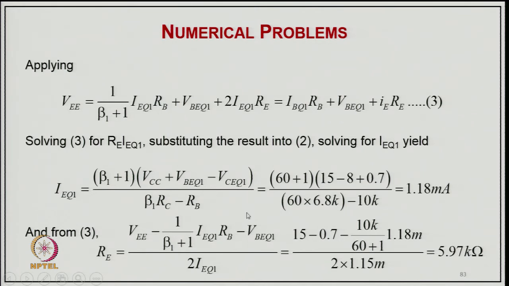So, substituting for this RE IQ, it results in the second equation IQ equal to (beta 1 plus 1) in bracket VCC plus VBQ minus VCQ divided by beta 1 RC minus RC, and putting the value it comes 1.18 milliampere, and from here RE becomes VE minus 1 upon (beta 1 plus 1) IQ1 RB minus VQ upon 2 IQ1, and putting the value it comes 5.97 kilo ohm.